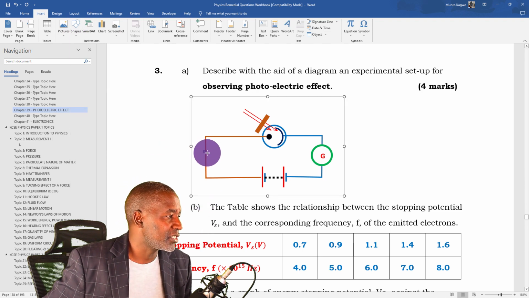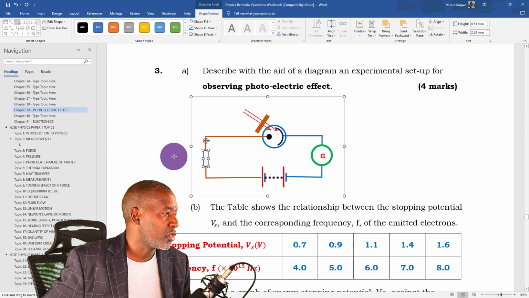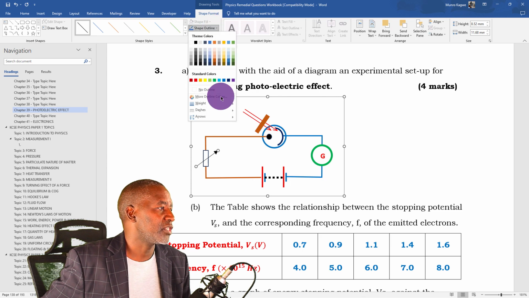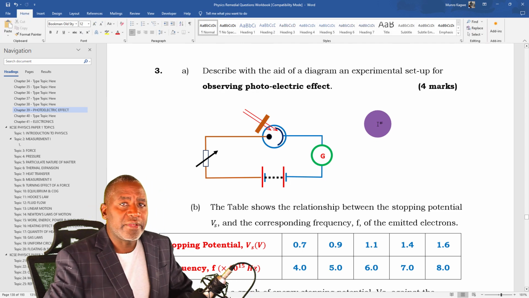A rheostat is just a resistor whose resistance can be varied, and therefore it should have an arrow which crosses like this. That is a rheostat. Just that simple. A very simple diagram. There I've got the rheostat.